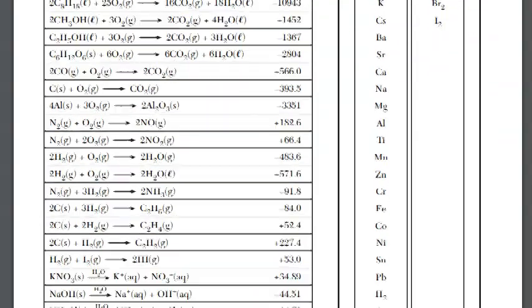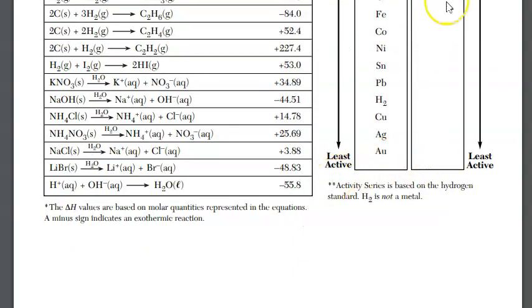Luckily, at the very bottom of the reference table, we're reminded that a minus sign indicates exothermic. Well, we were talking about ammonium chloride dissolving in water, and lo and behold, we have a positive value for our heat of reaction. And that's our evidence that it is endothermic.